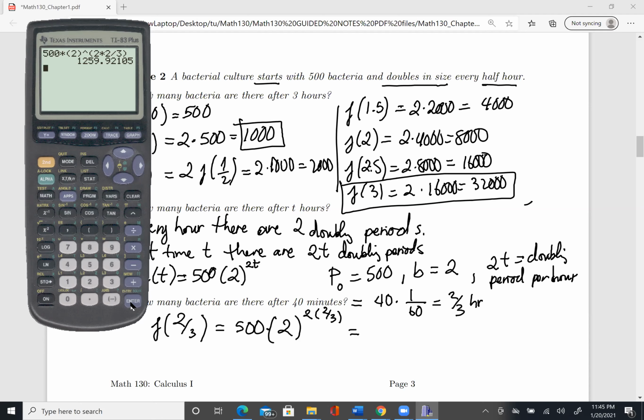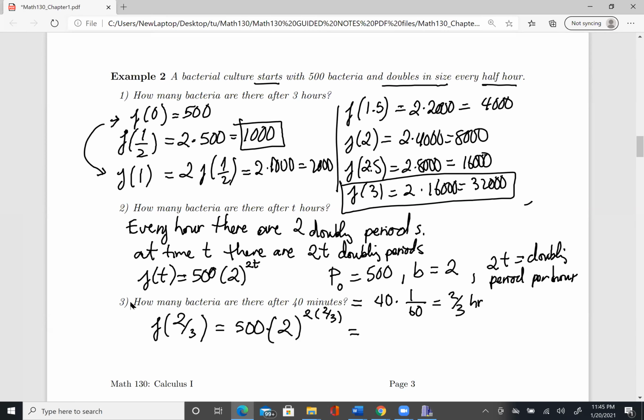It's supposed to be 1259.9 something. So I'm just going to estimate it to be 1260 bacteria, because it's supposed to be a whole number.